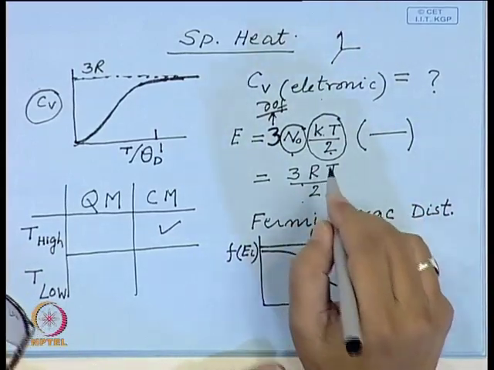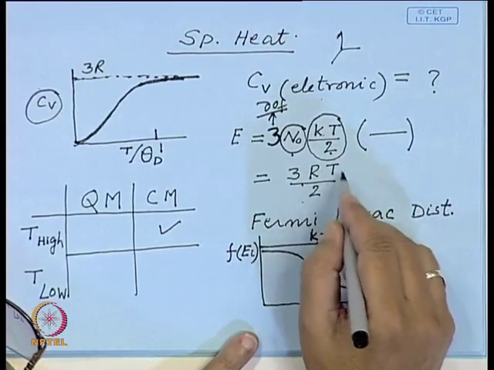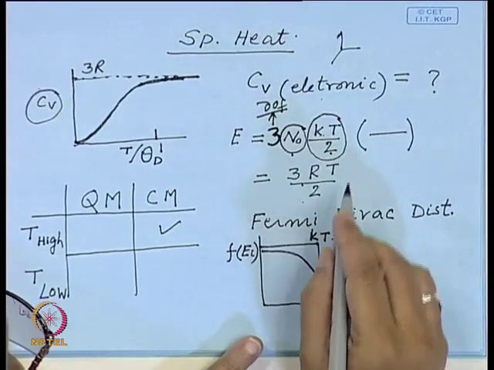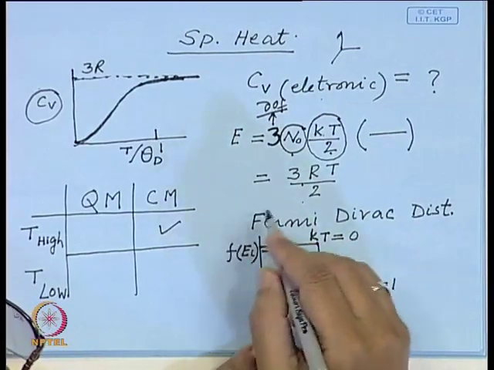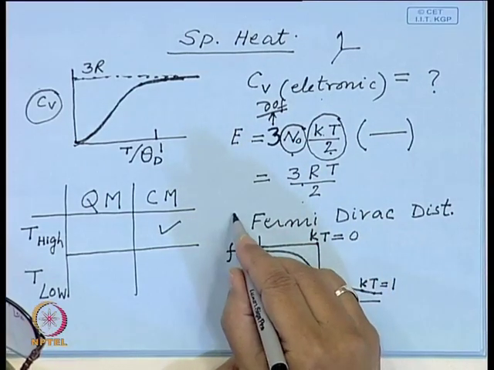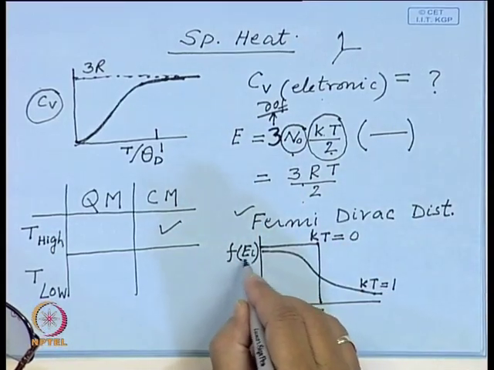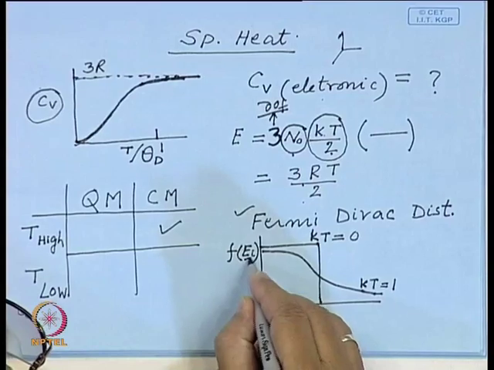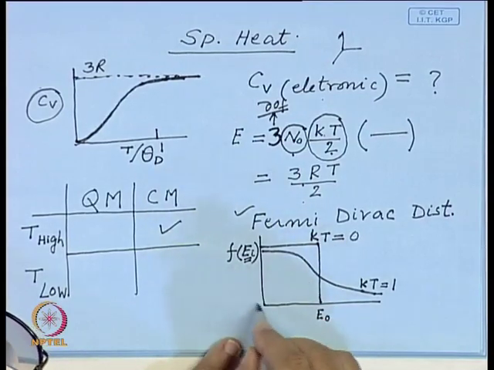Why is it? Now, if we look at the band structure, the occupancy of these bands is determined not by Boltzmann statistics, but by statistics called Fermi-Dirac statistics, which gives the probability of occupying a cell having an energy level E i, represented like this.